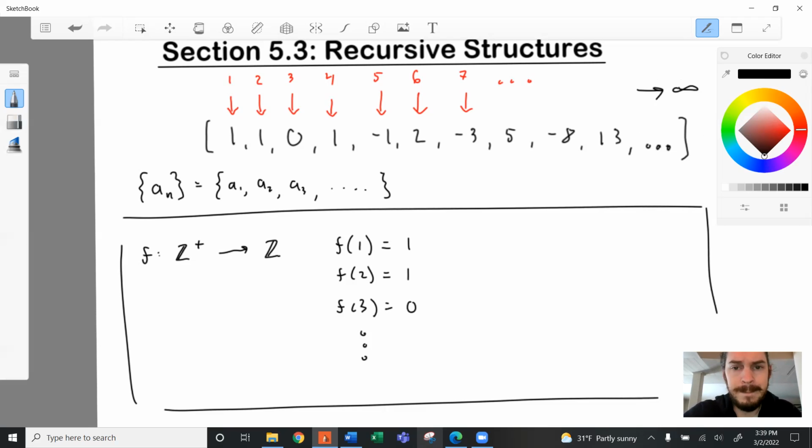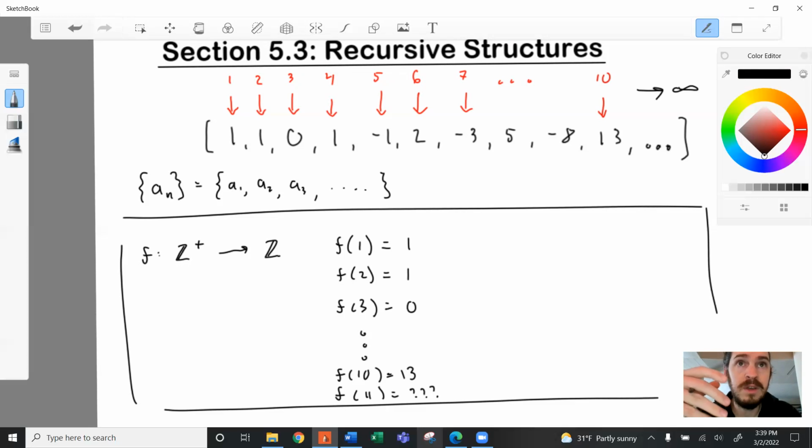So instead, we have to find a pattern, right? I can get up to the 10th element in the list here. So I will get up to f of 10 equals 13. But then what is f of 11, right? To determine that, we need to identify what the pattern is in the sequence and then express that pattern somehow.